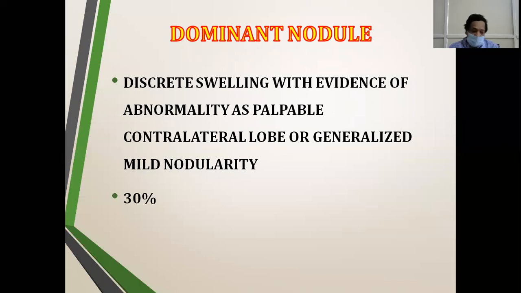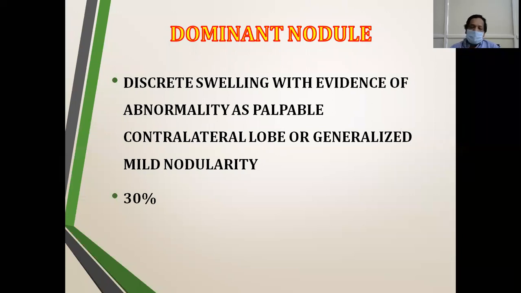This is called a dominant nodule. The commonest example is multinodular goiter. The underlying point is there is a palpable or visible contralateral lobe or generalized mild nodularity.